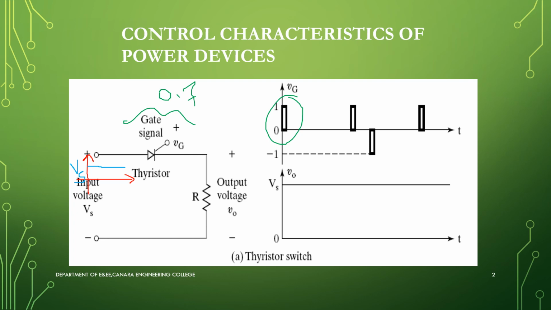So once it conducts, the current flows through the circuit. The output voltage V0 across the load resistor R is equal to Vs, because we are neglecting the 0.7 drop. So on applying a positive pulse, our output voltage is Vs.